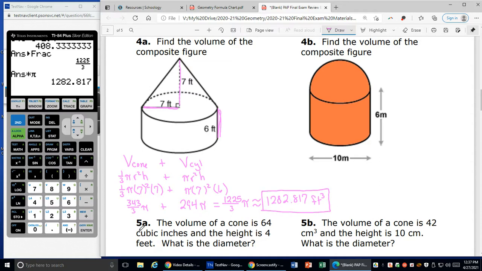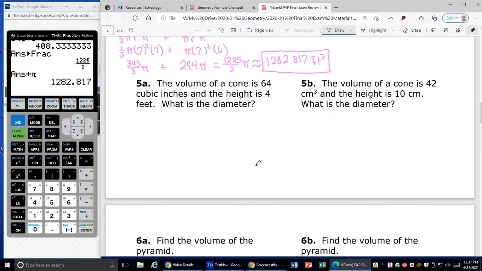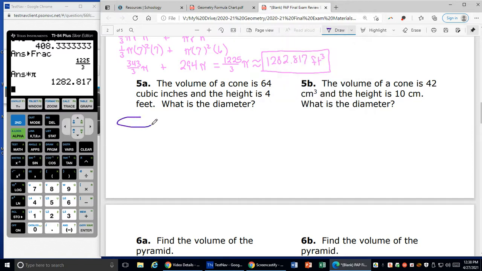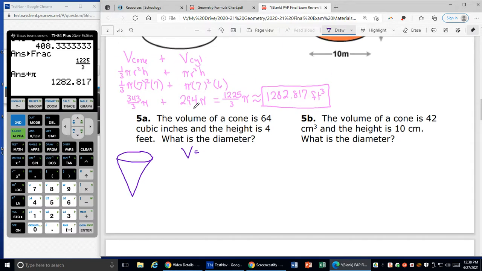Okay, let's look at 5A. The volume of a cone is 64 cubic inches, and the height is 4 feet. What is the diameter? Okay, so if I think about a cone, the volume of a cone, we actually just did that, right?